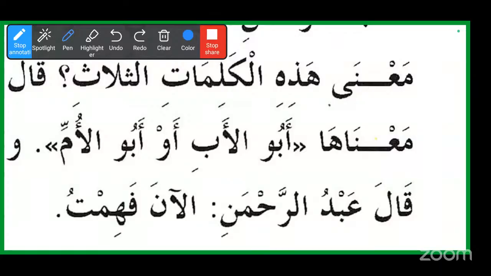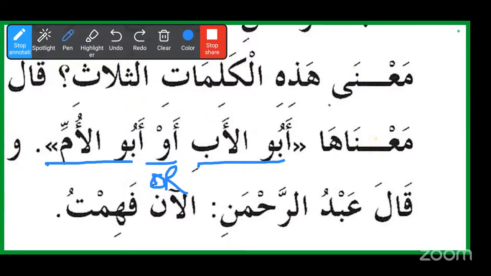What is the meaning of jaddu? The meaning of jaddu is abul abi, the father of the father, or abul ummi, father of the mother. You see, abul abi or abul ummi.